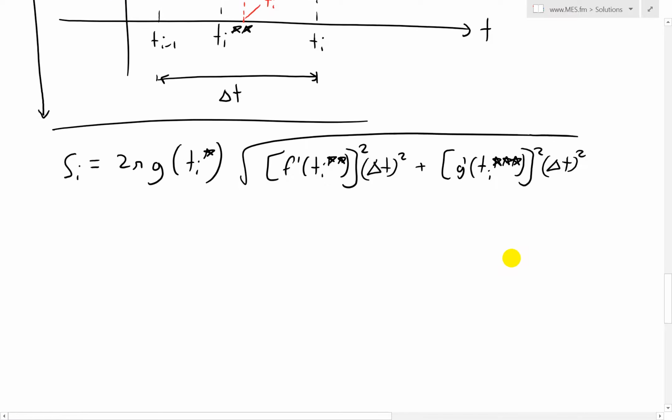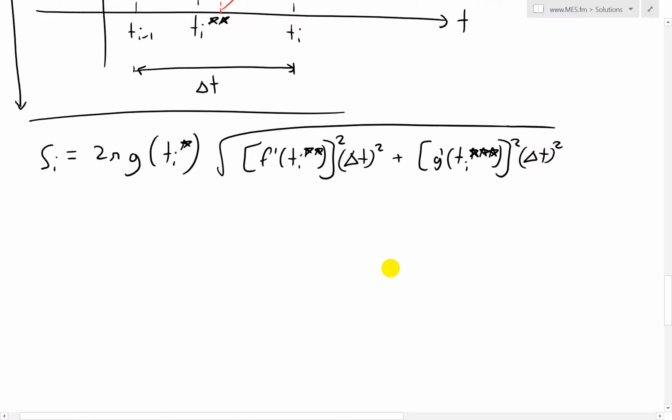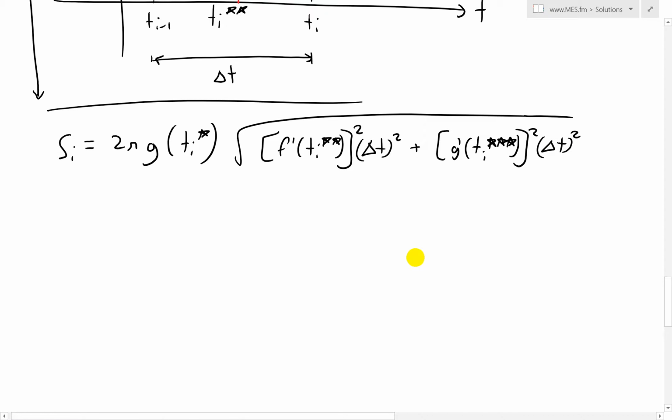And now finally we could simplify this further. We're going to factor out this delta t squared because it's a multiplication on both sides. We factor it out and then take the square root of it, so we cancel the square and all we get is a delta t.